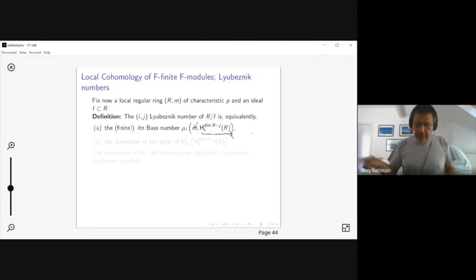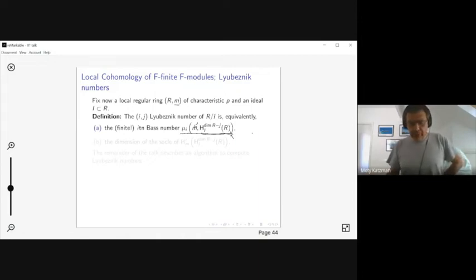You go to the ith place in this injective resolution. What you're going to see there is a direct sum of injective modules of the form R modulo prime. You count how many injective hulls of R modulo m do you see there, and you call that number mu i of m in this local cohomology module. Now, I hinted at the fact that this number is finite.